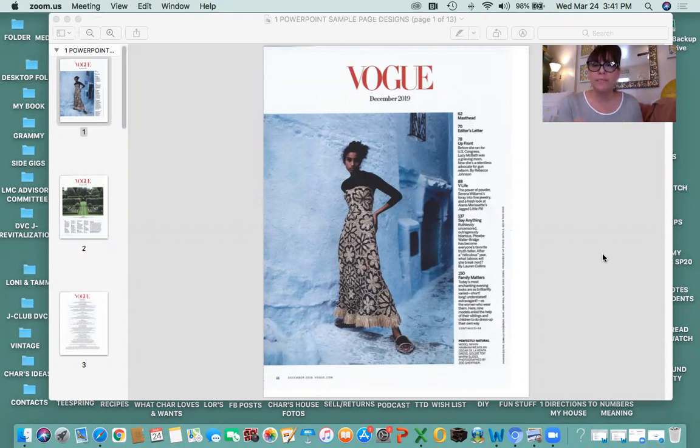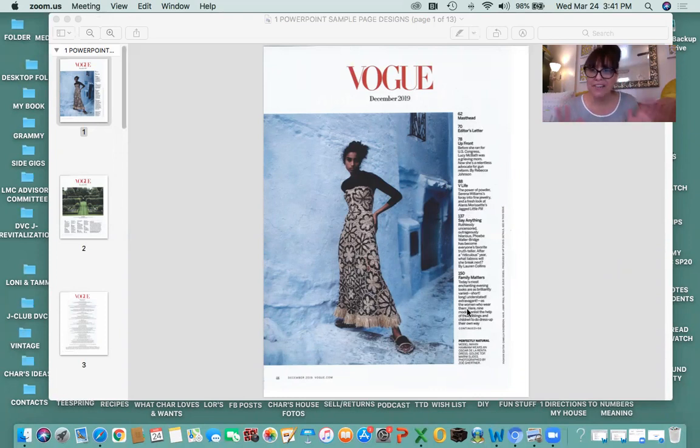Anyway, so this page here is kind of a sample of In This Issue. So whoever's designing that page or whoever wants to design that page, this is just one idea. It's one large photo, as you can see. And then down on the right are teasers. These are teasers for articles. So you can see the page numbers 62, 70, 88, 137, 150.